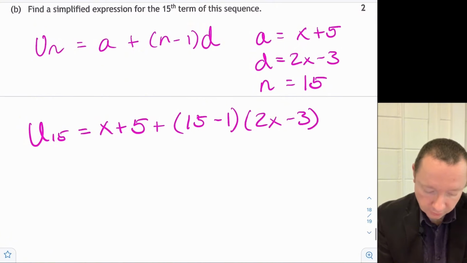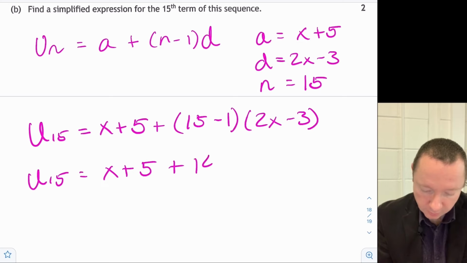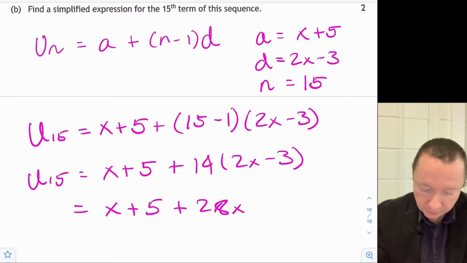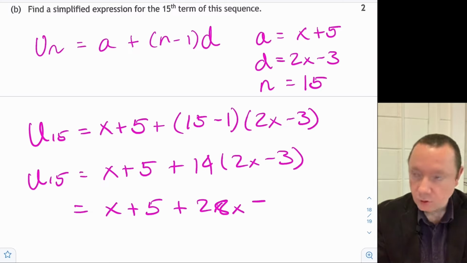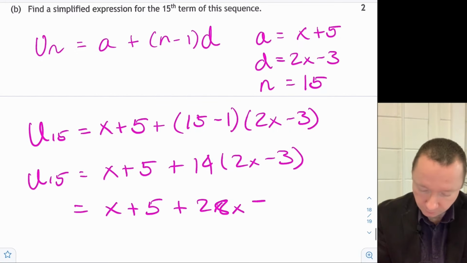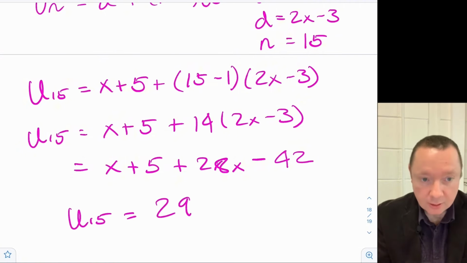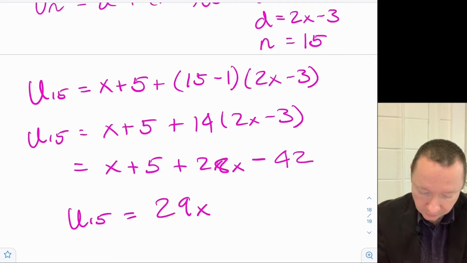So u15 equals x plus 5 plus 14 times 2x minus 3, which is x plus 5 plus 28x minus 42. So u15 must equal 29x minus 37.